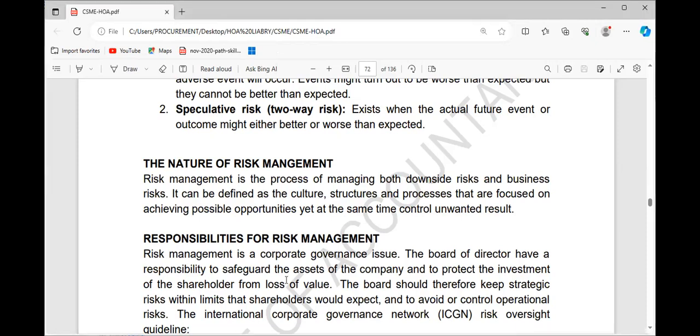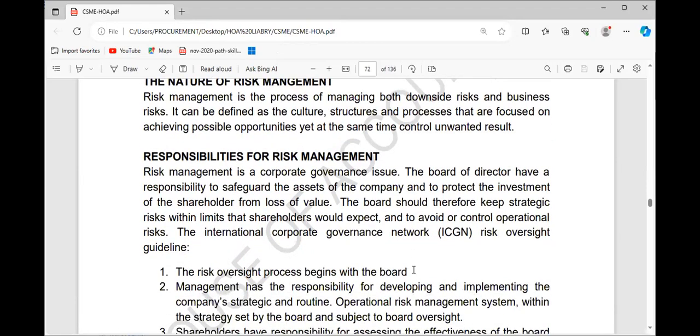Okay. Now, responsibility for risk management. Risk management is a corporate governance issue. The board of directors have a responsibility to safeguard the assets of the company and to protect the investments of shareholders from loss of what? Of value. The board should therefore keep strategic risk within limits that shareholders will expect and to avoid uncontrolled operational risk.